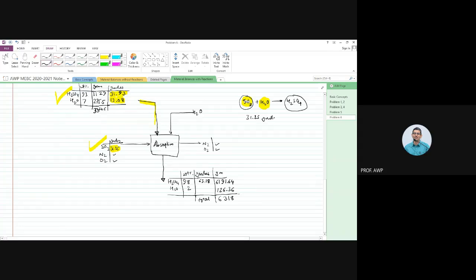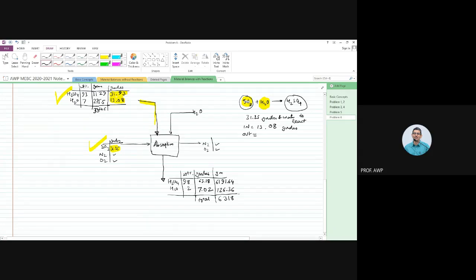What comes in is 13.08. What goes out, in terms of gram moles, is 126.36 divided by 18, which is 7.02 gram moles.